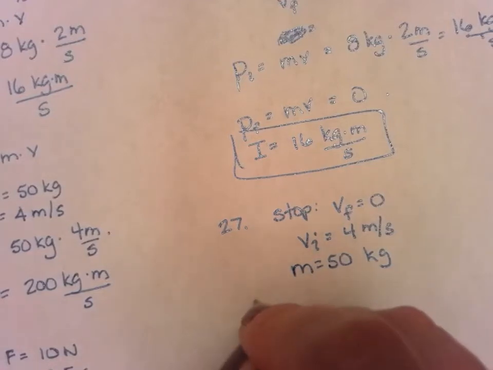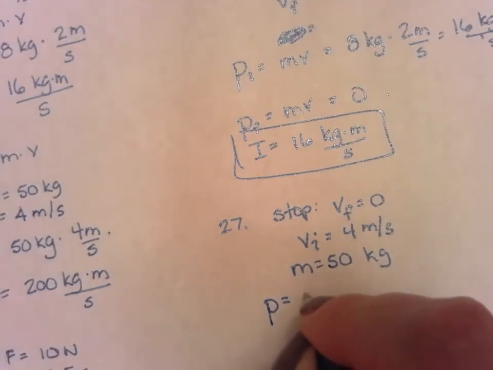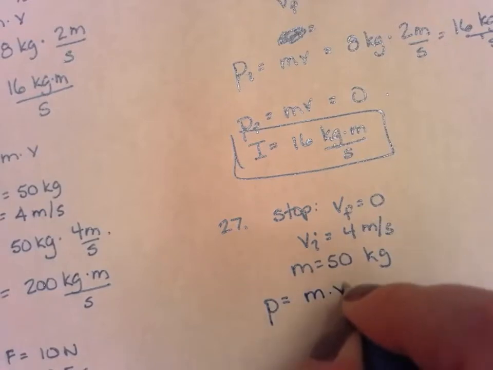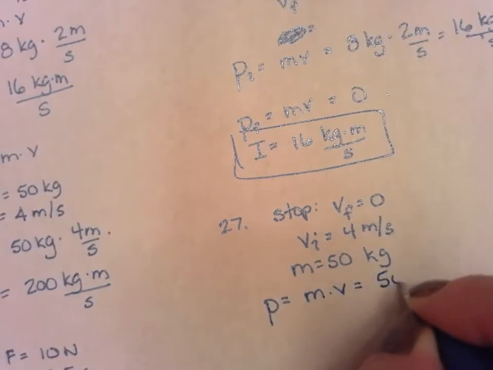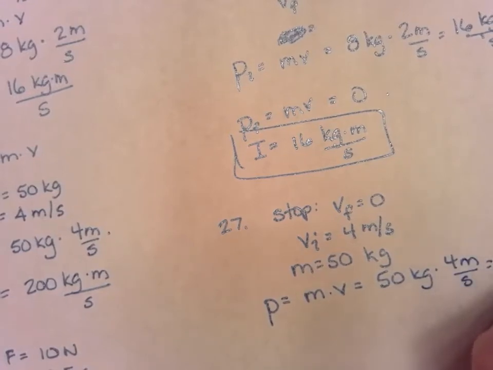My initial momentum is equal to mass times velocity, which is equal to 50 kilograms times 4 meters per second, which is equal to 200 kilogram meters per second.